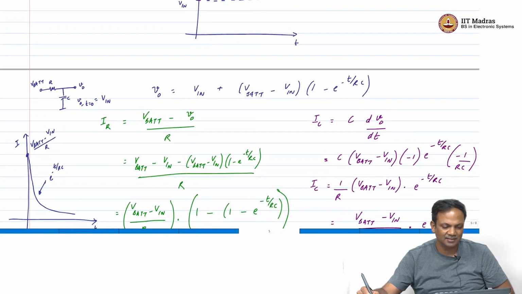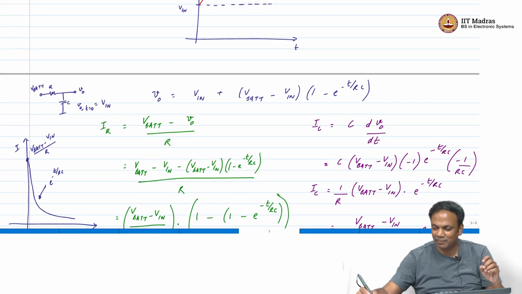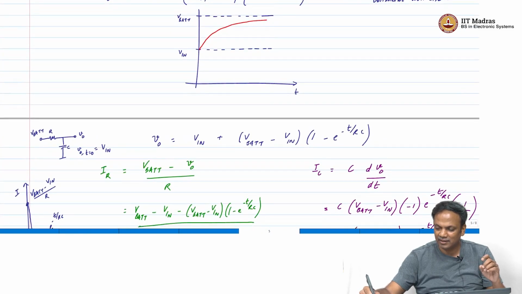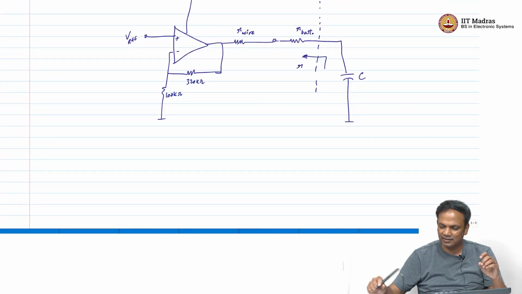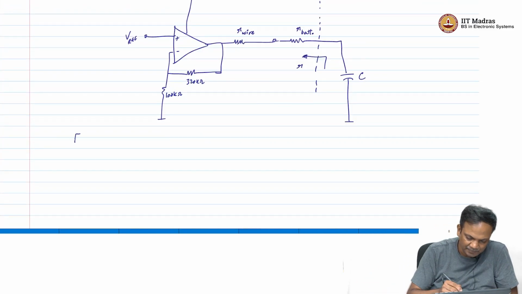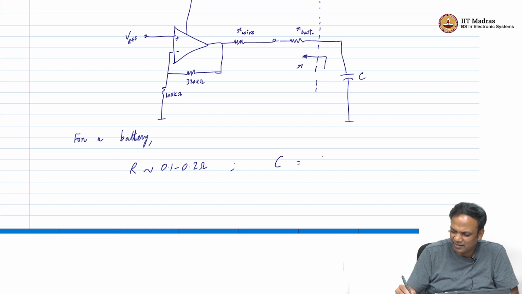Now, if I go back to this RC circuit that we originally were looking at for calculating current and voltage characteristics, in the context of a battery, R is maybe 0.1 to 0.2 ohms and C, we calculated C, is about 860 farad.